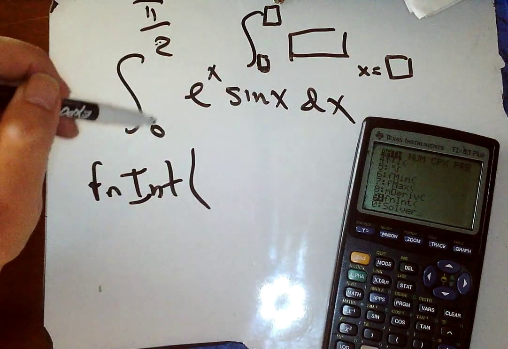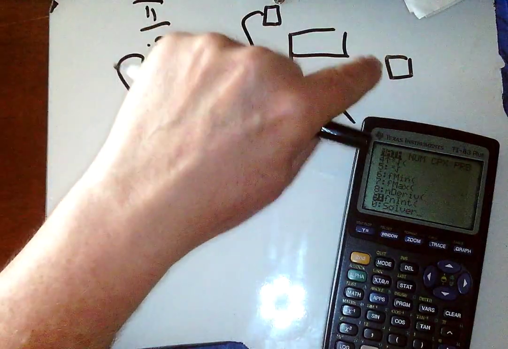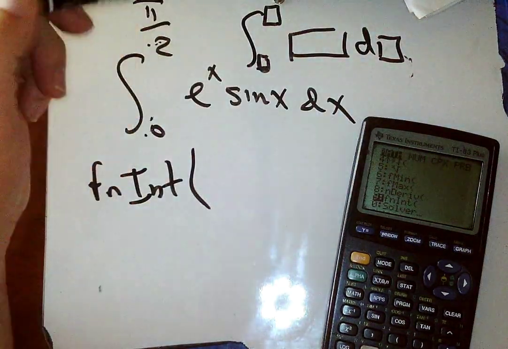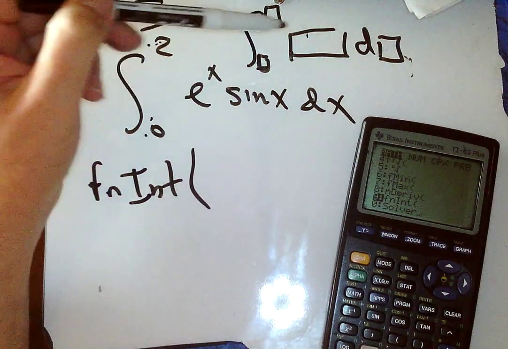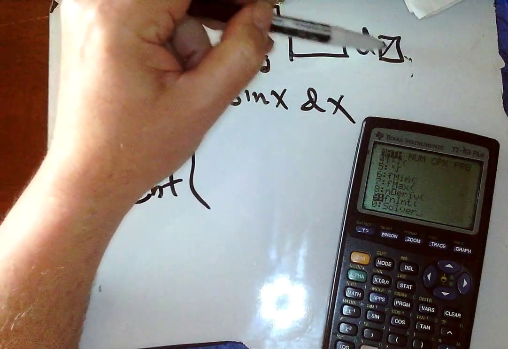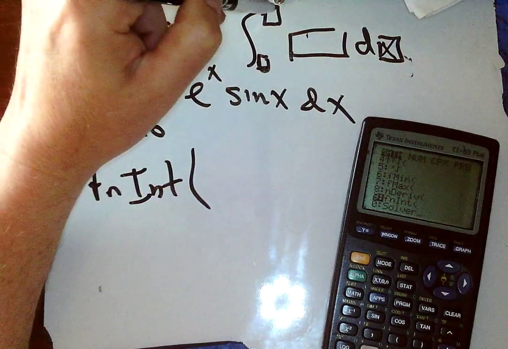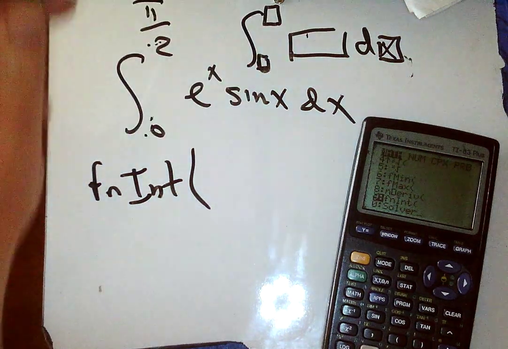You're going to put in 0 here, pi over 2 here, and, oh, no, it's this, isn't it? It's the d box. There we go. You're going to type the function into y1 and put y1 here. And of course, in our class, we're going to put an x there. In Calc 3, you might put a y or a z there, but for us, it's always going to be x's.